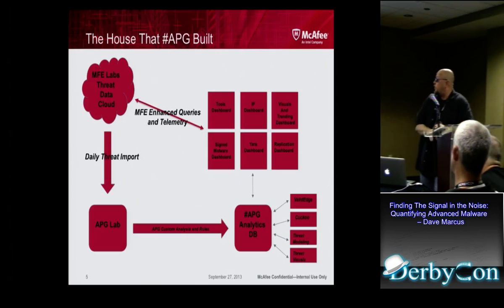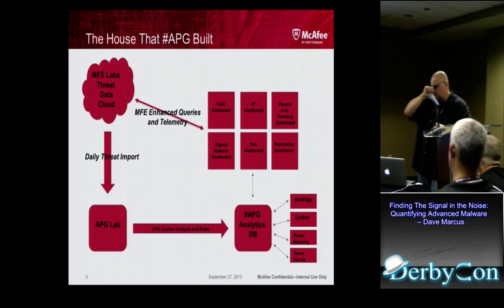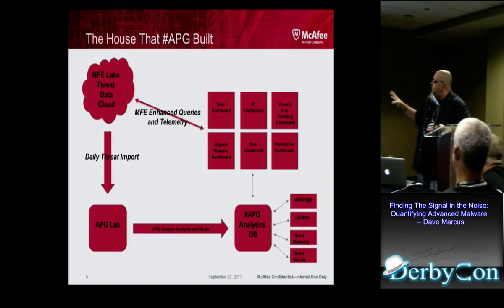But again, the magic here is the fact that anytime we run a query, we have the ability to pull back from McAfee Labs, and you'll see some of the results of the dashboarding that we're doing. Because again, the labs' goal at the end of the day is to produce a DAT file, right? And that's important if you're a consumer or if you're worried about generic malware. It's important to have that. The great thing is they have more data than they know what to do with.